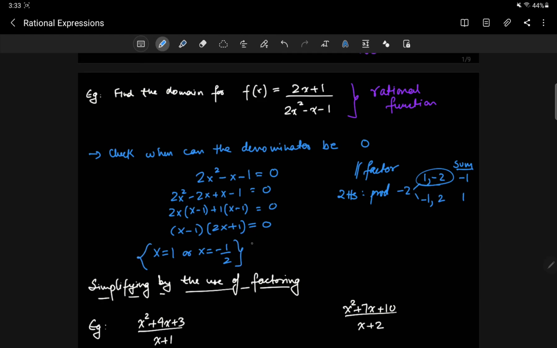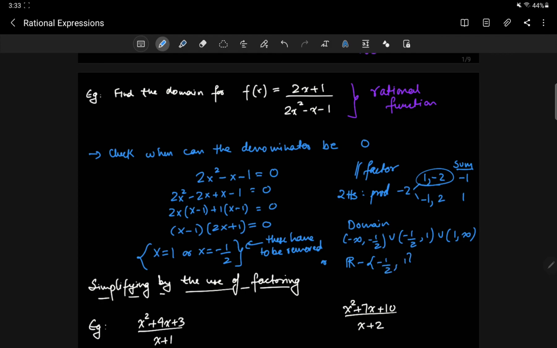Remember, these are points that have to be removed, which means that the domain is negative infinity to negative half union negative half to 1 union 1 to infinity, or you can say all real numbers except negative 1/2 and 1.